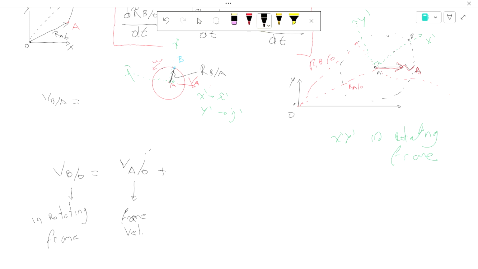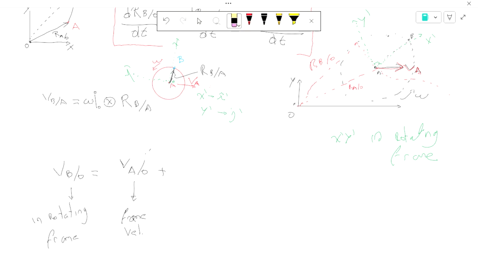Okay, so the velocity of B with respect to A, this particle B with respect to A, is equal to the angular velocity with respect to O. So this rotating velocity with respect to a fixed point somewhere else in the universe, could be the sun, but this is, remember from statics, this is cross product, cross the distance of B with respect to A. Remember this curl, this cross product.